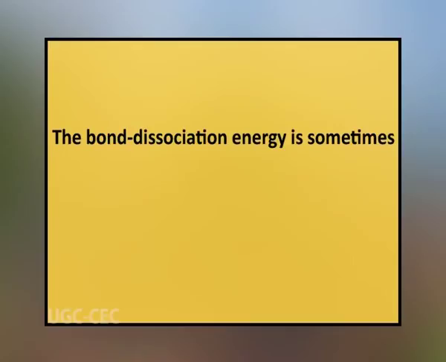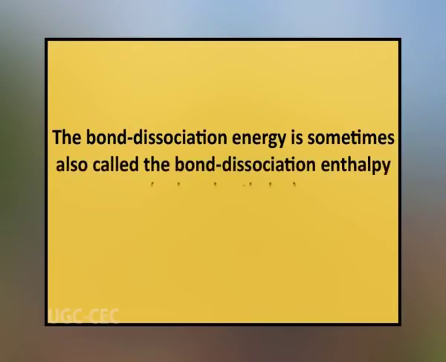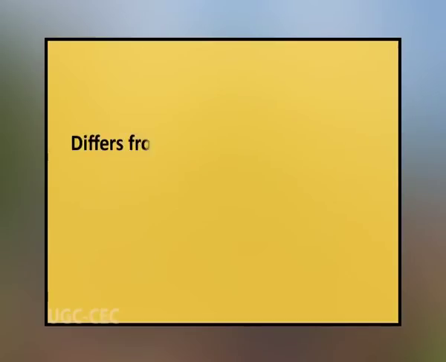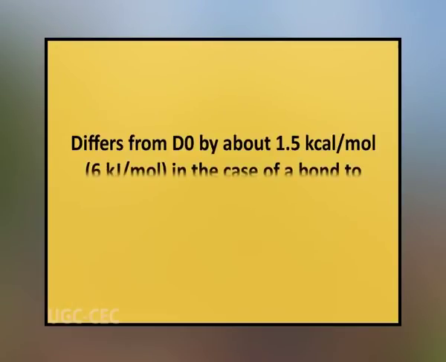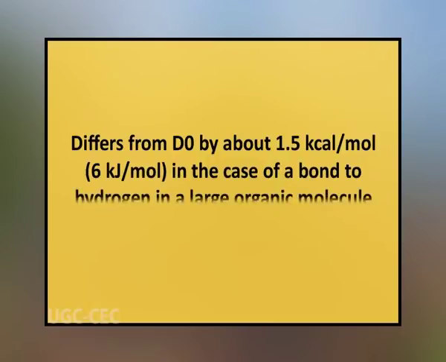The bond dissociation energy is sometimes also called the bond dissociation enthalpy or bond enthalpy, but these terms may not be strictly equivalent, as the latter usually refers to the above reaction enthalpy at 298 Kelvin, that is standard conditions, rather than at 0 Kelvin, and differs from D0 by about 1.5 kilocalories per mole, that is 6 kilojoules per mole in the case of a bond to hydrogen in a large organic molecule.